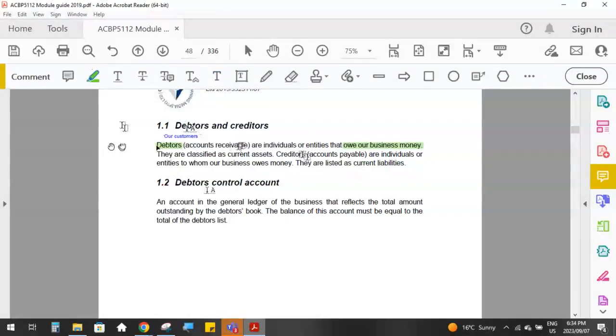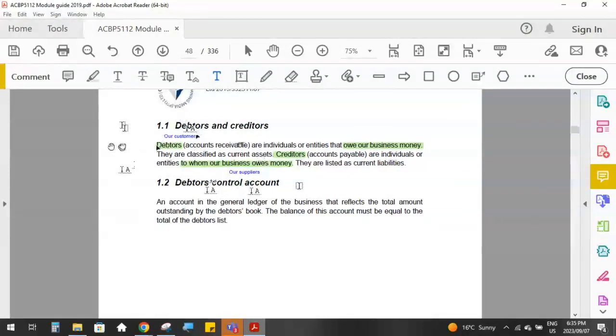And when we talk about creditors, those are our accounts payable, and these are individuals or entities to whom our business owes money. So those would be our suppliers. Okay, so debtors are our customers and creditors are our suppliers.